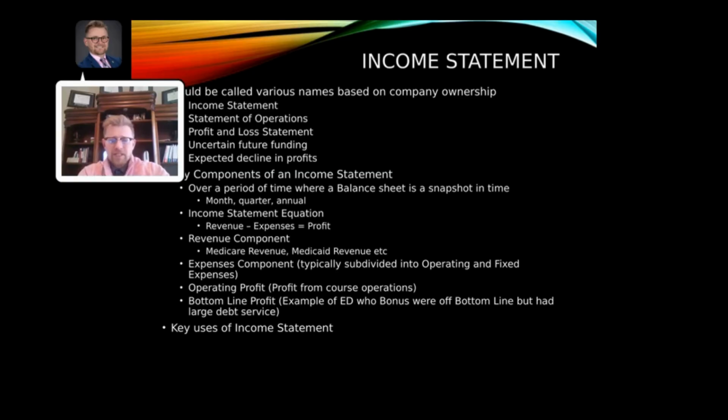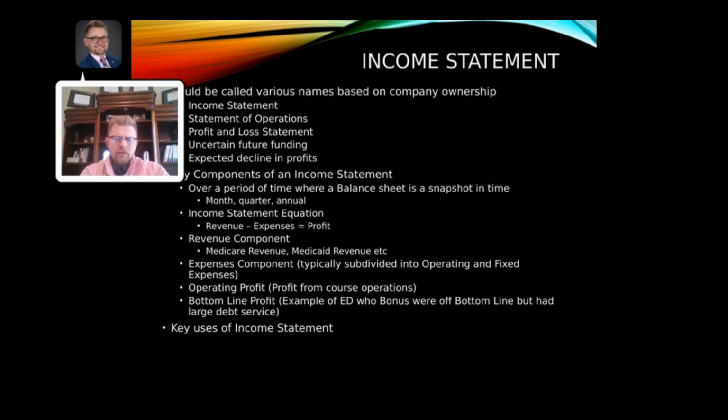On the expense side, typically the expense section of the income statement is divided into components like the labor component, labor related component, operating expenses, fixed expenses, and your bottom line.